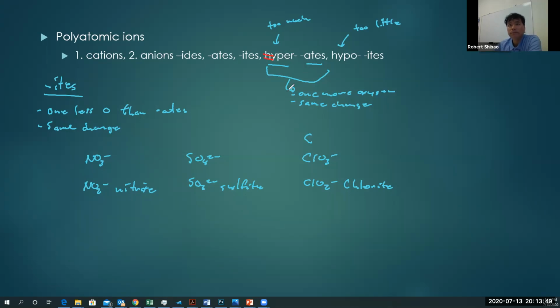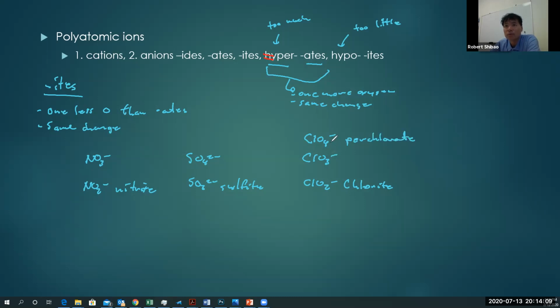So this is going to be hyperchlorate, or just for short, perchlorate.